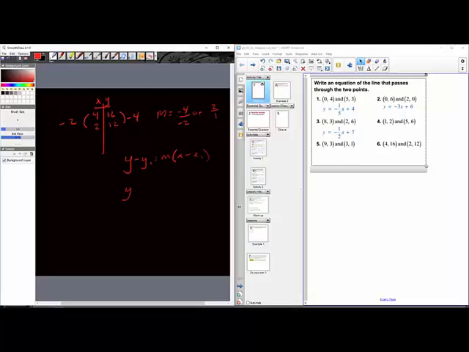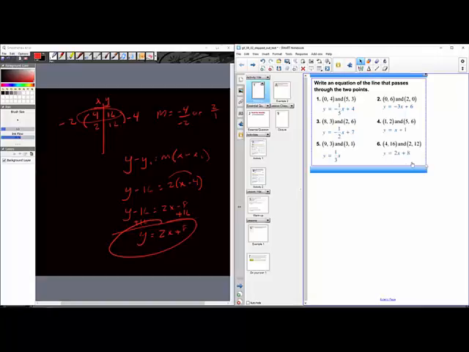So I'll put y minus, let's use this ordered pair, y minus 16 equals my slope, which was 2, times x minus 4. So I distribute, and I'll have y minus 16 equals 2x minus 8. Okay. And then I have to add my 16. Make sure I add the right thing this time. So I have y equals 2x plus 8. So if I go through here, and there we go.